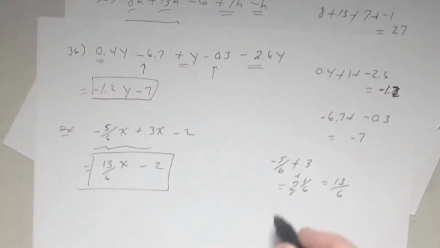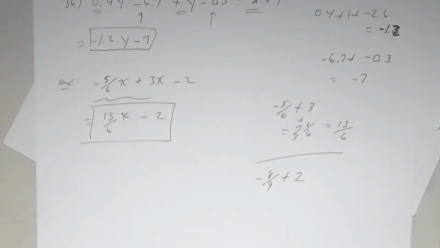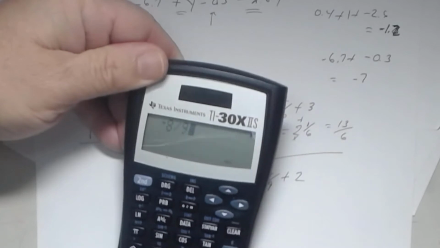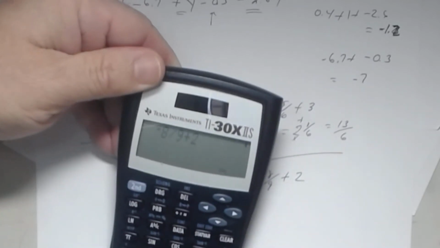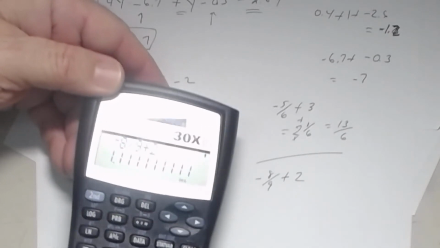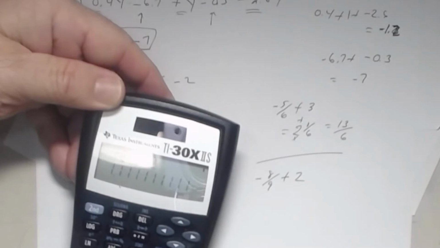So let's say you had negative 8/9 plus 2. In your calculator, you're going to say negative 8 divided by 9 plus 2, and then press equal, and you get this decimal, 1.11111. Now how to convert that back to a mixed number or a fraction?